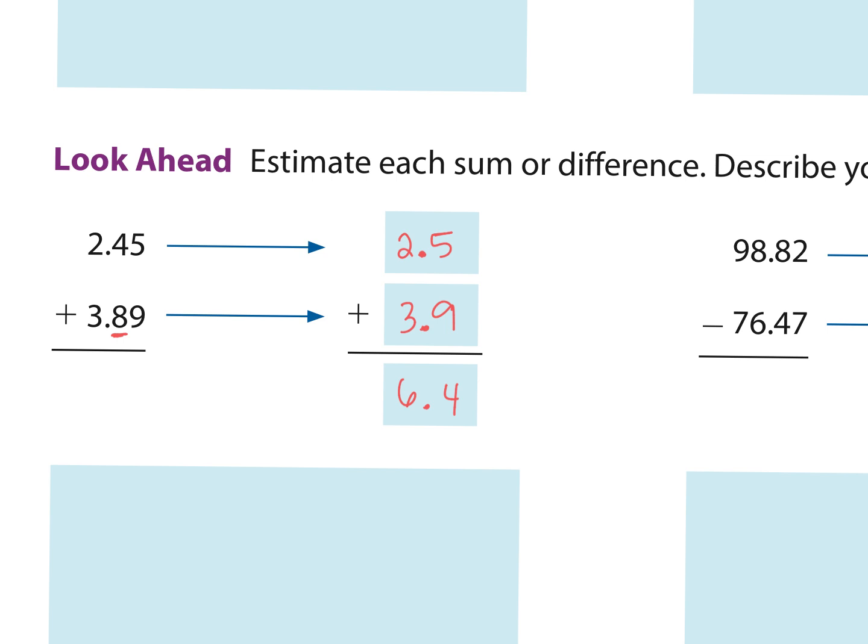I could round this number here all the way down to 2. And I could round this number up to 4, and it would be about 6. But looking at both of these answers, they're both pretty close, right? This one's just a little closer estimate. All right.